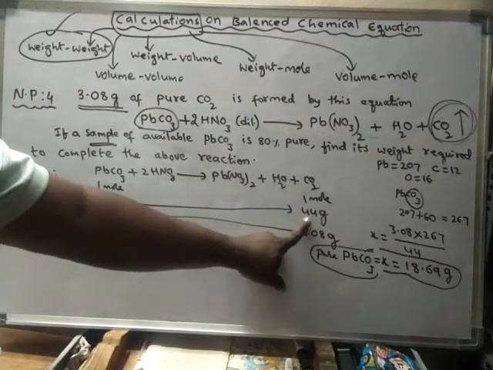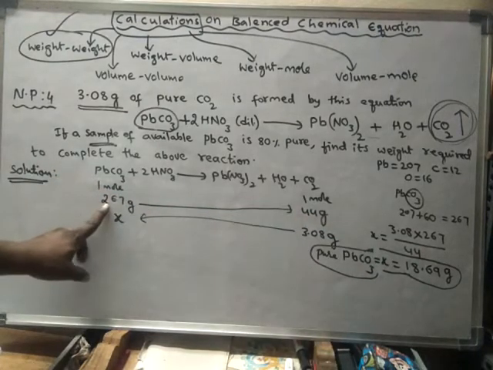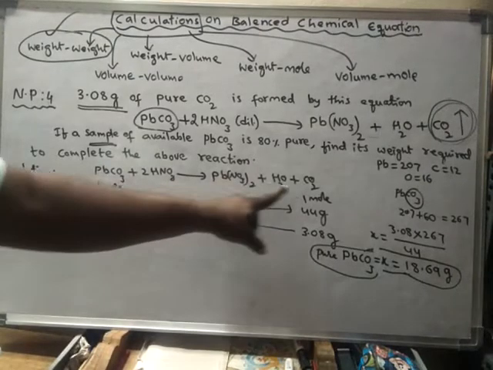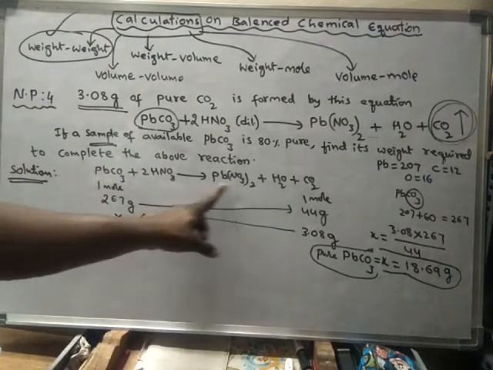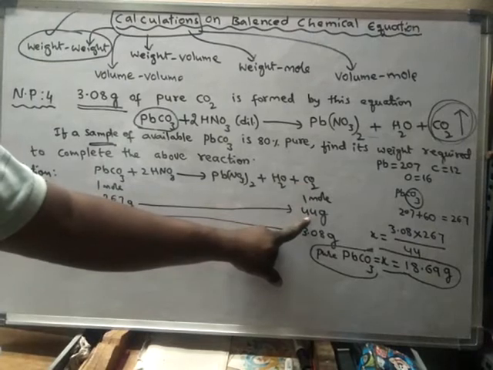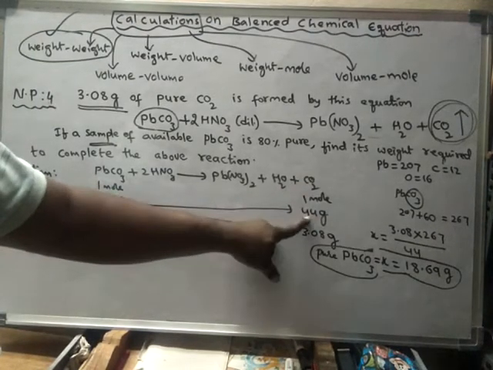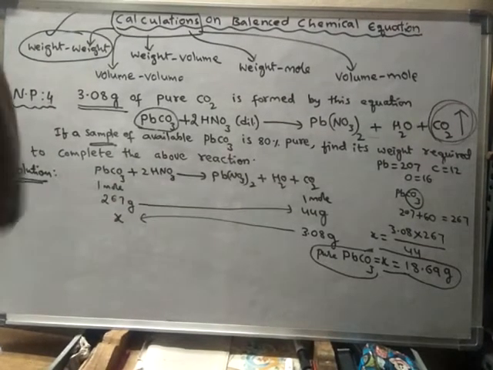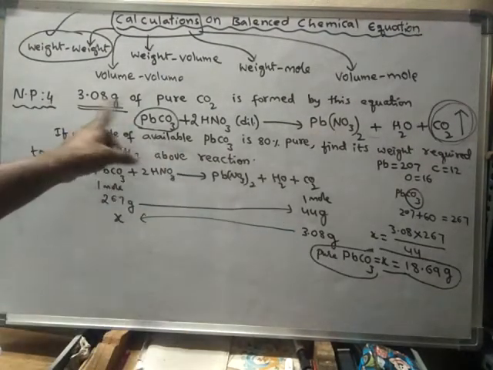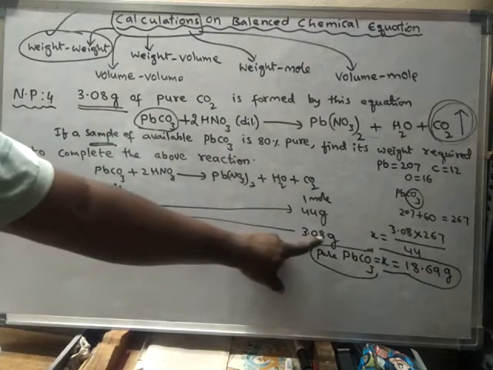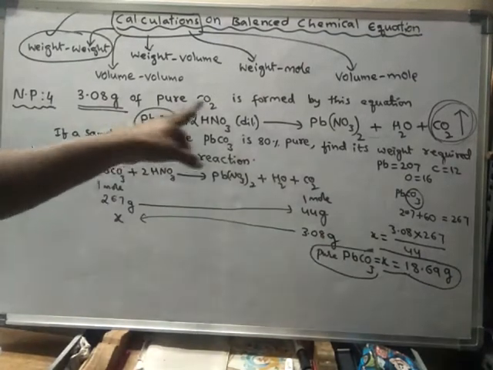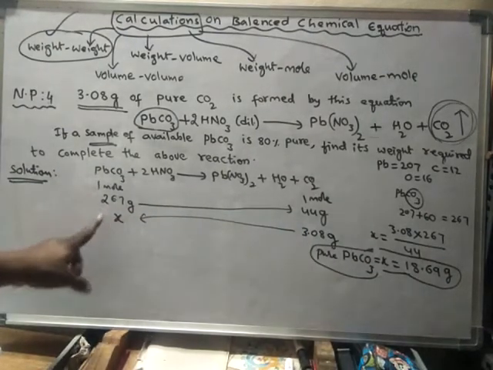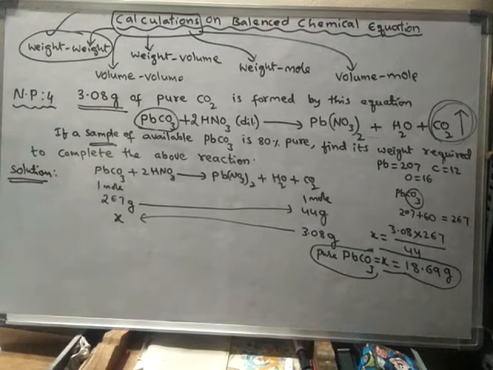44 grams of pure carbon dioxide is obtained from 267 grams of pure lead carbonate according to this balanced chemical equation. So this balanced chemical equation says that every 44 grams of carbon dioxide is obtained from every 267 grams of lead carbonate. If that is the case, then here in the question 3.08 grams of carbon dioxide is prepared. So this much carbon dioxide can be prepared from how much pure lead carbonate?